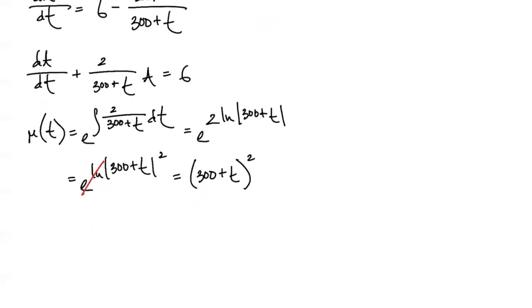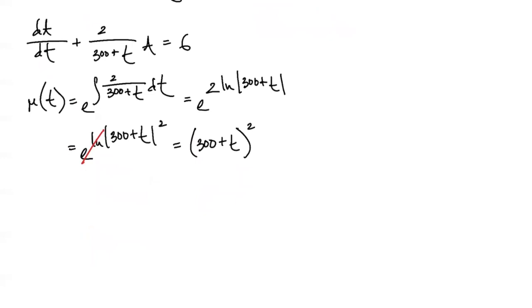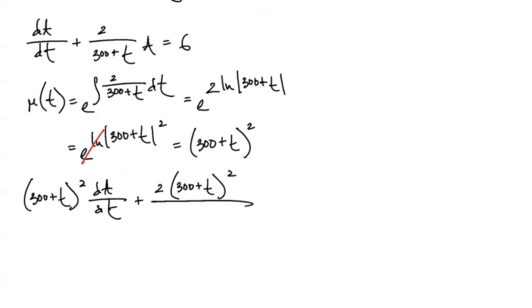All right, let's multiply in our integrating factor. (300 plus t) squared dA/dt plus 2 times (300 plus t) squared over 300 plus t, A, equals 6 times (300 plus t) squared.